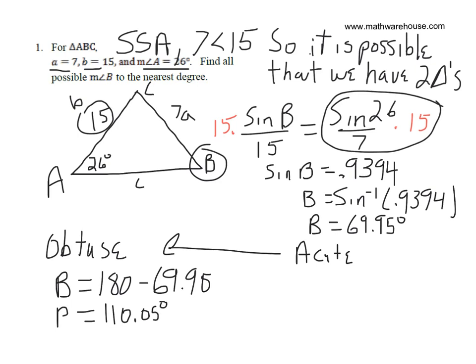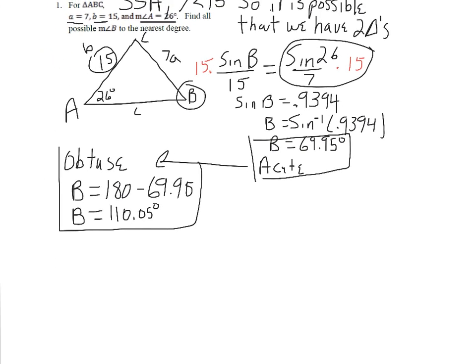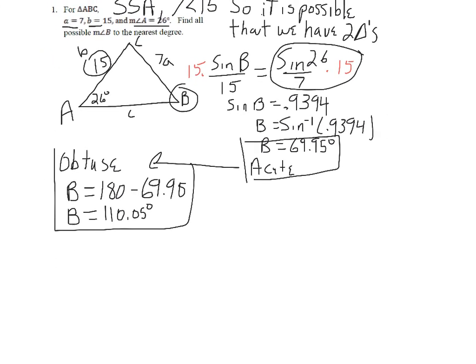So there's our angle B for the obtuse triangle and the angle B for the acute triangle. So now you're going to draw these two triangles and find their missing sides and angles.